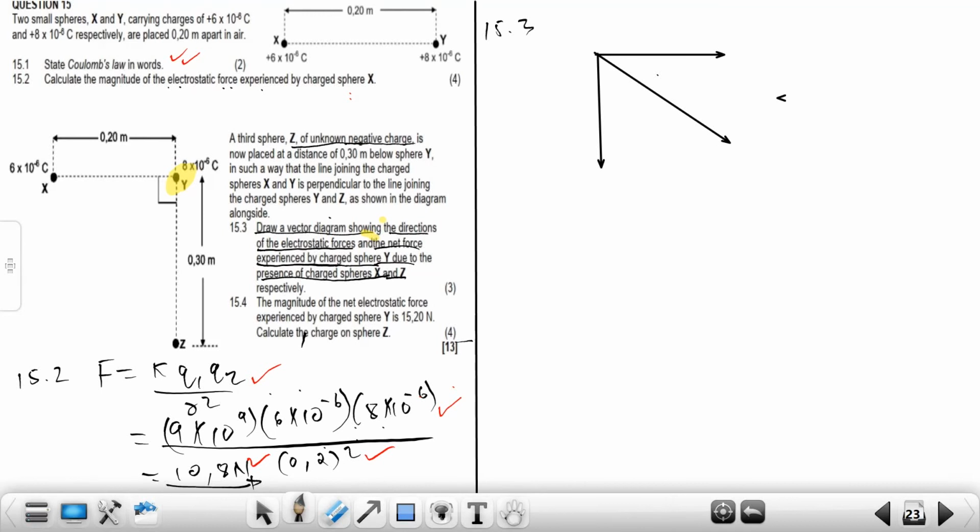So this must be F of X on Y, and this must be F of Z on Y, and then this must be my F net. By so doing, I will be in a position of ensuring that I get the full 3 marks.